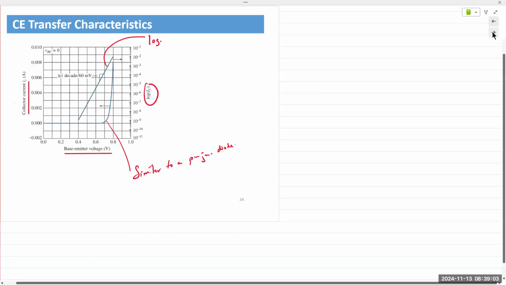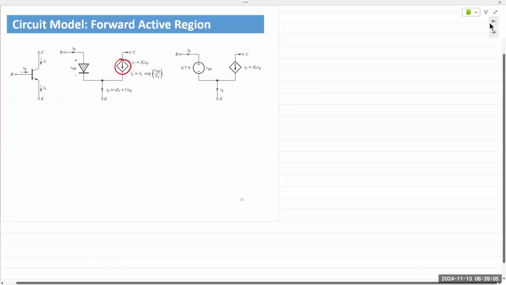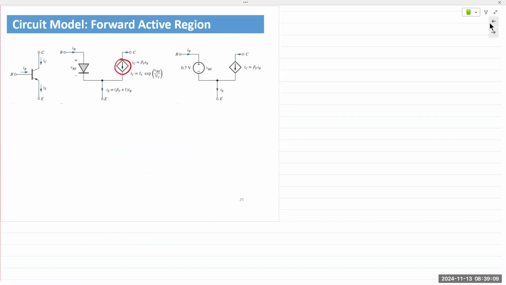And so we can describe the BJT as a voltage controlled current source. We are applying voltage at the input on the base emitter junction, and we can describe it as a voltage controlled current source. And this is, of course, because IC has a near constant value in the active region.